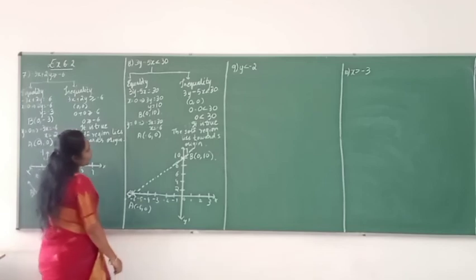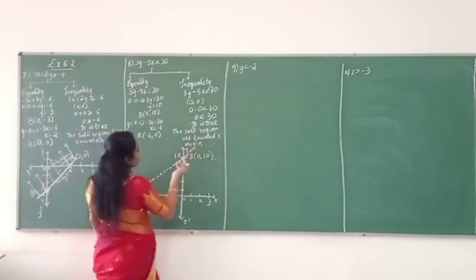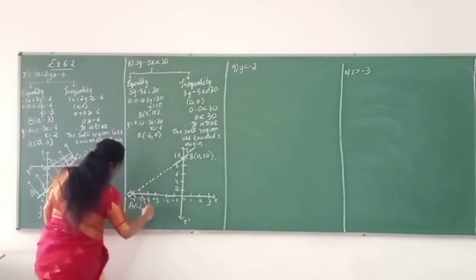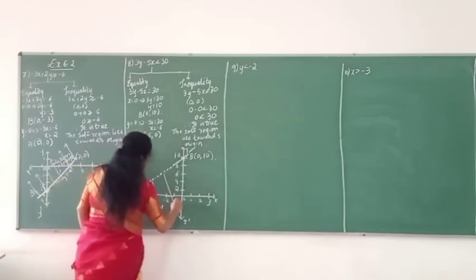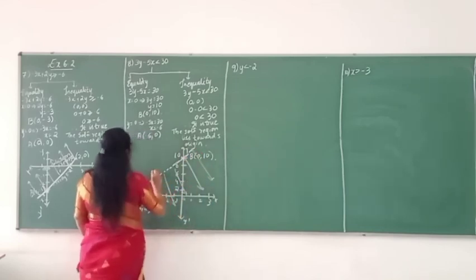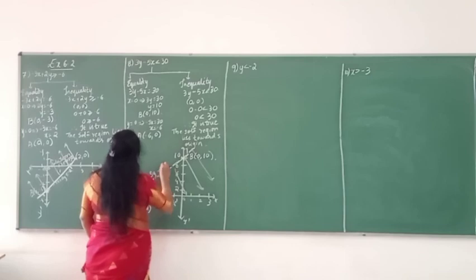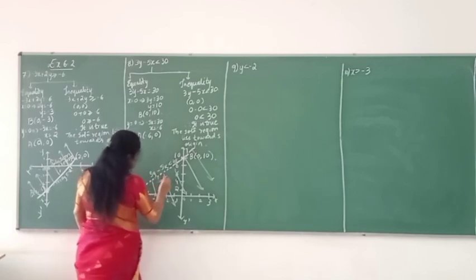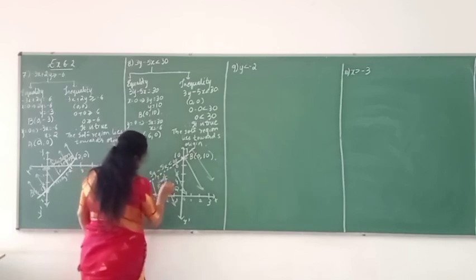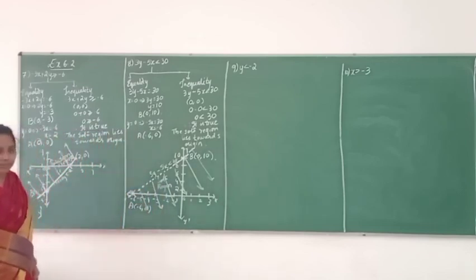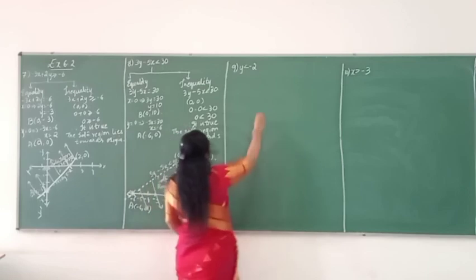The solution region, it says, lies towards the origin. So this is nothing but 3y minus 5x is less than 30, and this is your solution region. Hope you have understood how to write. Is it clear?